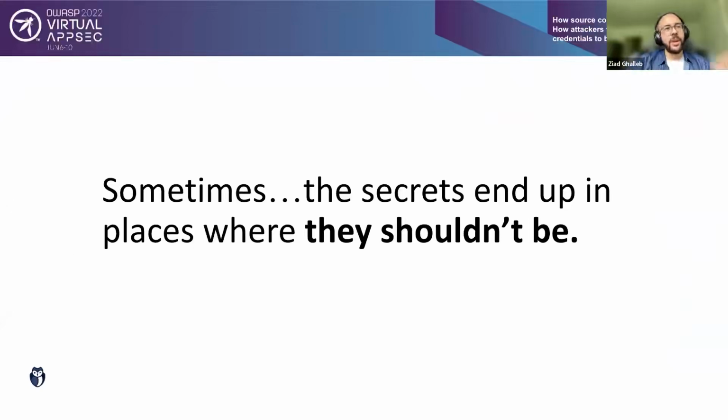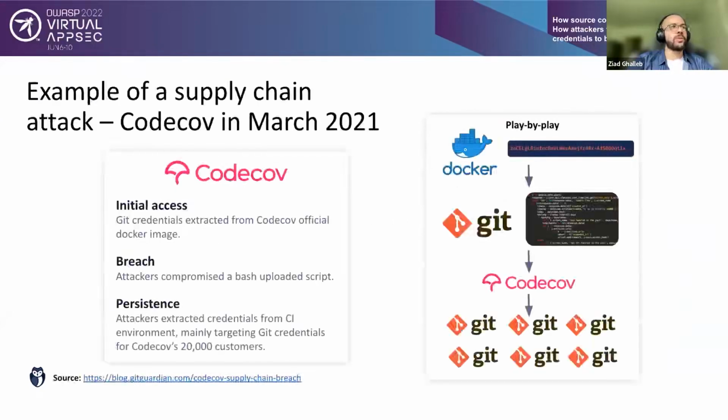When secrets end up exposed, they will be used by attackers for malicious use, of course. One such example of an attack using exposed secrets is the famous supply chain attack that happened to CodeCov back in March 2021. This breach was carried out by very sophisticated attackers who exploited a mistake in how CodeCov built its own Docker images. They used this to modify a script which allowed them to send environment variables from CI environments, where CodeCov was used by its customers, to a remote server, the attacker's server.